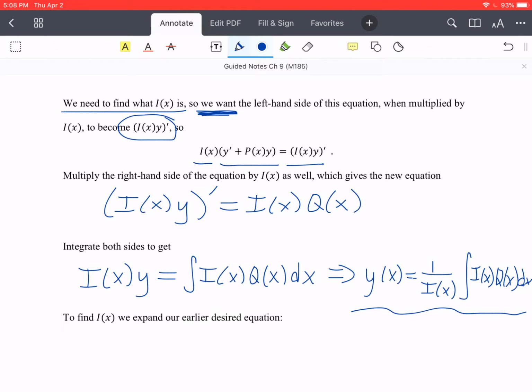Now to find I of x, we're going to expand our earlier desired equation. So that's this one back up here. Okay, so we're going to go ahead and expand that, multiply I of x out.